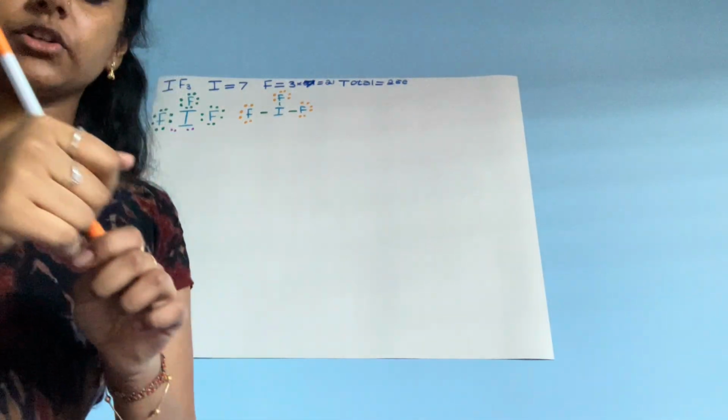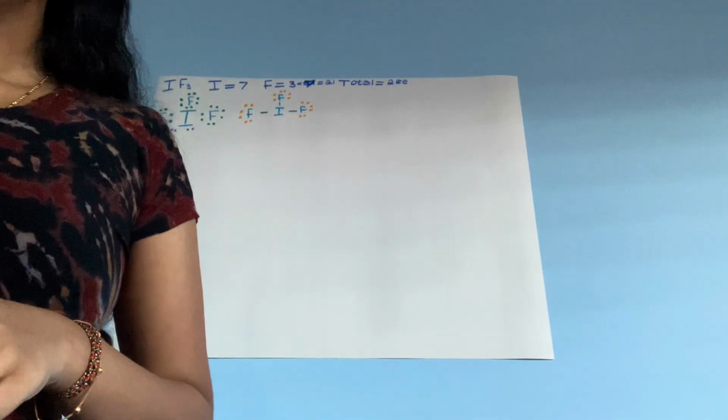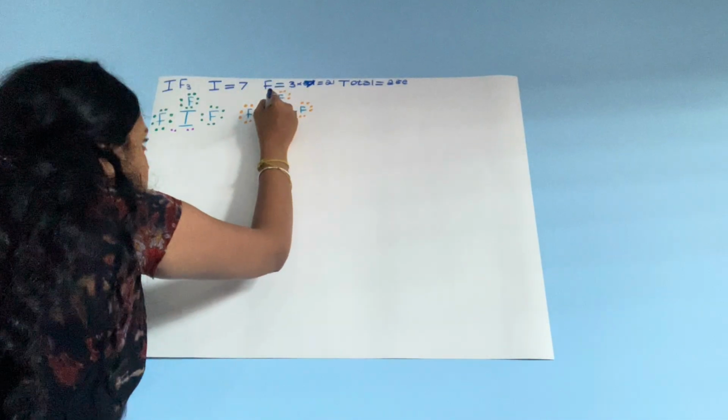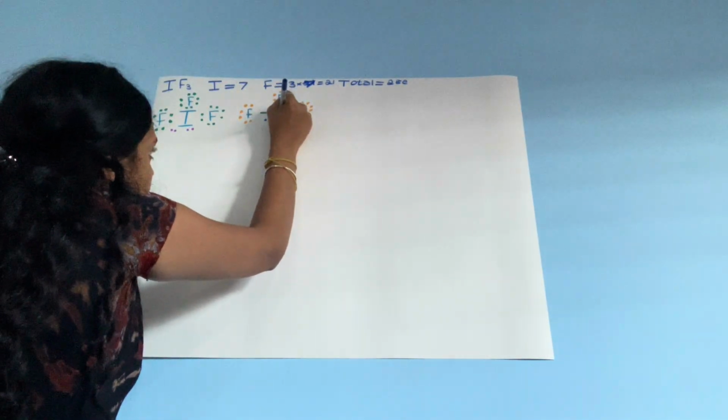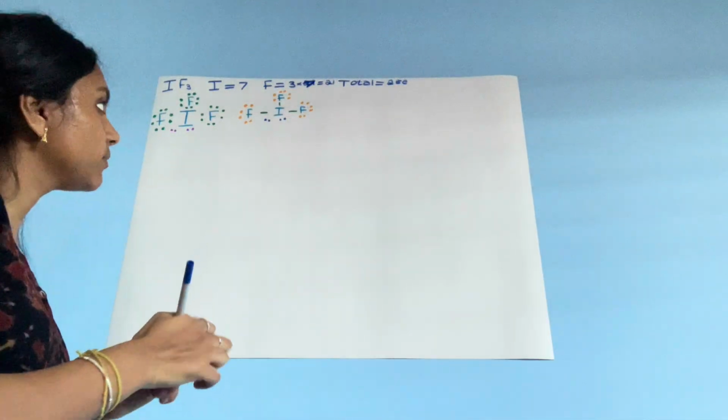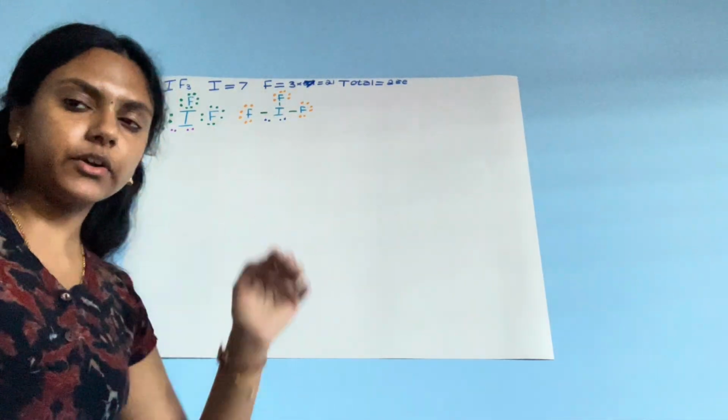And then we're going to be drawing our 2 lone pairs of electrons in dark blue. Okay, now we have a more refined version of our Lewis dot diagram.